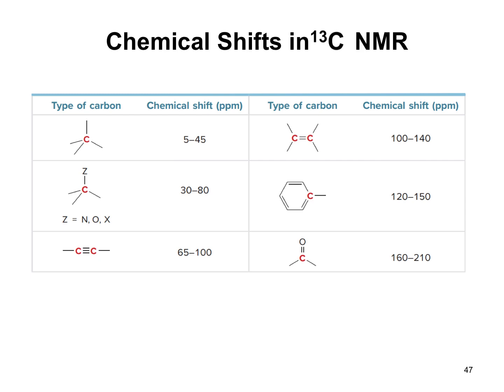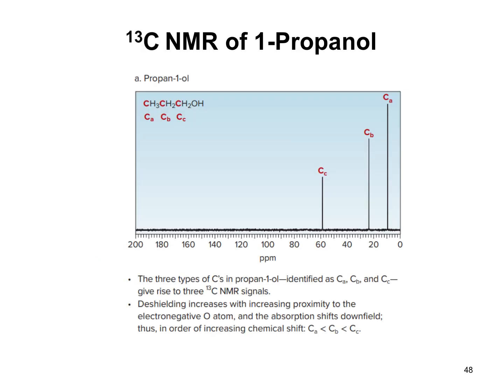So these are very helpful, but again, they're going to mimic that pattern that you learned in the proton NMR, where carbons bonded to more electronegative atoms are going to be farther downfield. Now, let's look at a few carbon-13 NMR examples. We have 1-propanol, which is shown here. The carbon that is closest to the oxygen is going to be the farthest downfield.